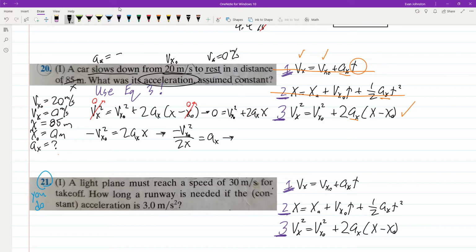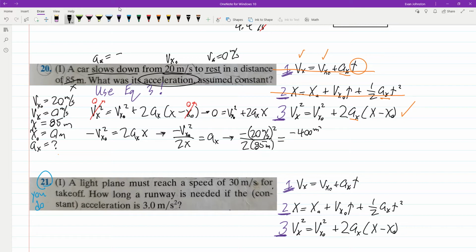So let's just plug in and I end up having negative 20 meters per second. Now this is important. We have to actually put some parentheses around this because if you squared it like this, you're going to get a positive answer, right? But that's not the case. Where it's negative, whatever this thing squared is, okay? So then we're doing divided by 2 times 85 meters, okay? Now, I can tell you right now what this is going to give me is negative, because we have a minus here, right?